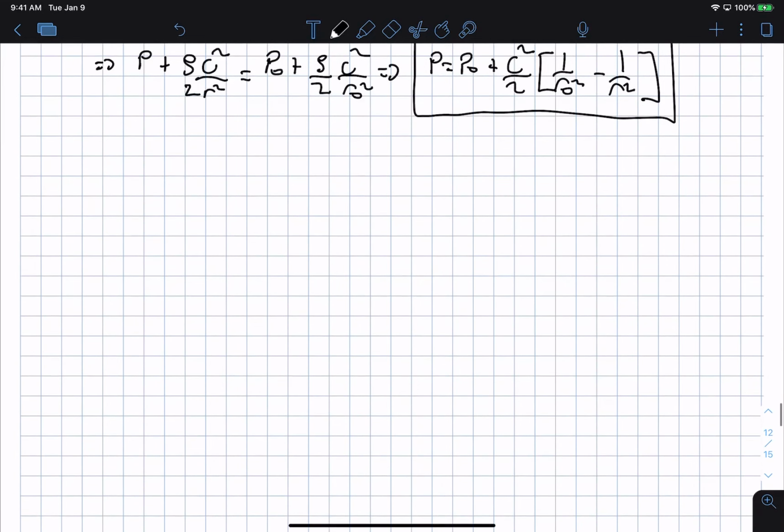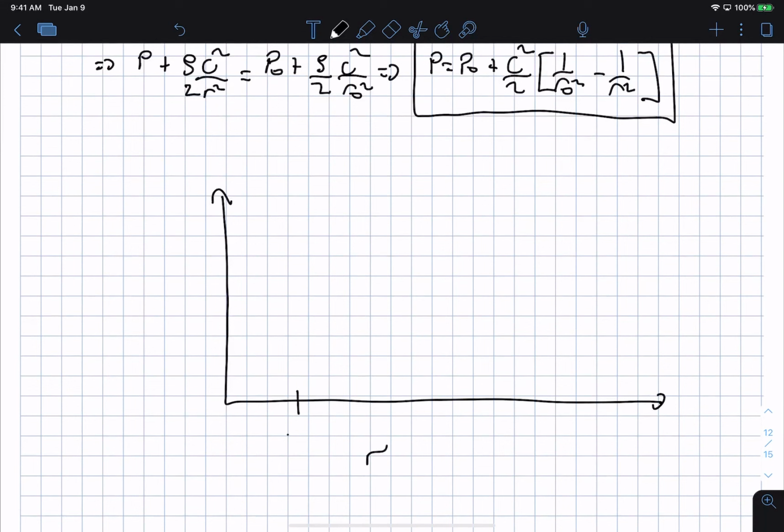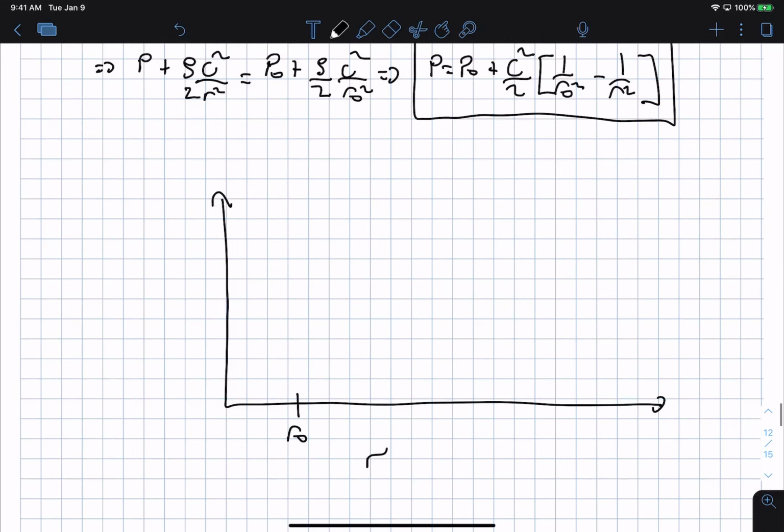And just to draw what it would look like, this would be R, and this would be point R naught, and this would be P naught.